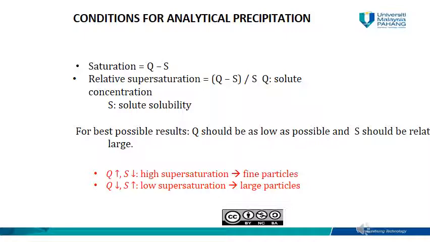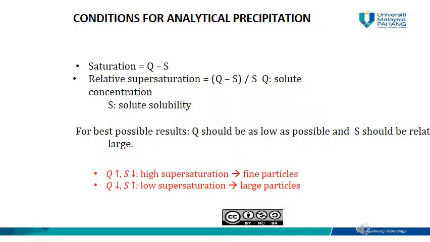And when you have a very low Q, you will have a relatively large S value. When Q increases and S decreases, you will get a high supersaturation. When we have a high supersaturation, it means that you will produce fine particles.